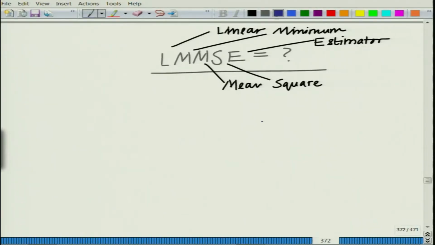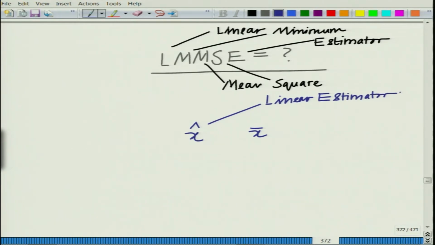So, we have the vector x bar and we have the estimate x hat, which is essentially a linear estimate. That explains the linear and estimator parts. Minimum mean square error, I am sorry, this has to be error. So, linear minimum mean square error estimator, that is your LMMSE estimator.